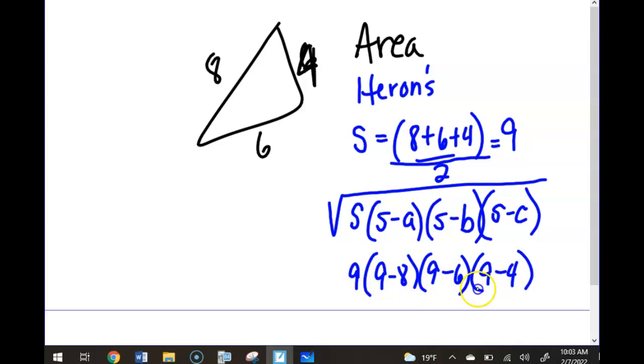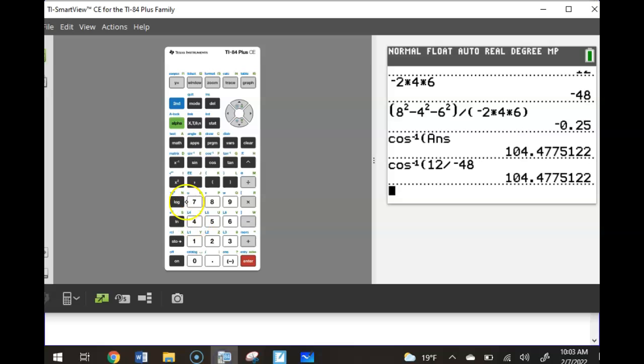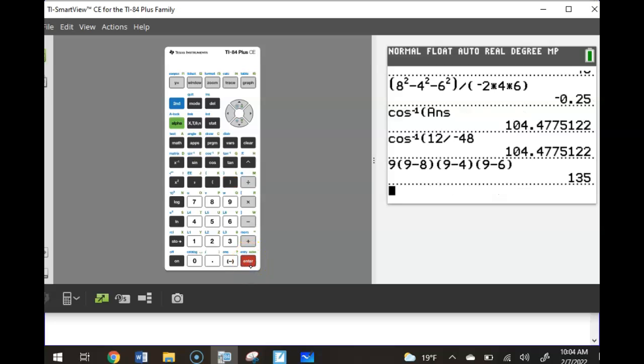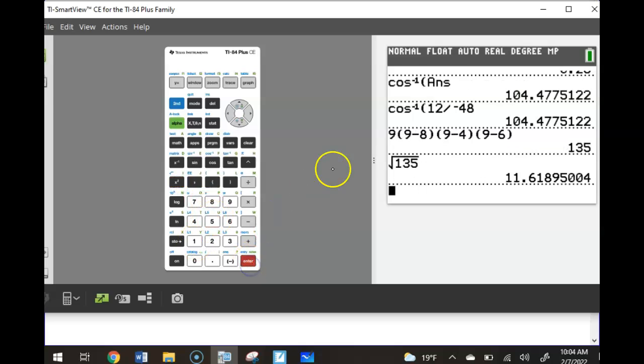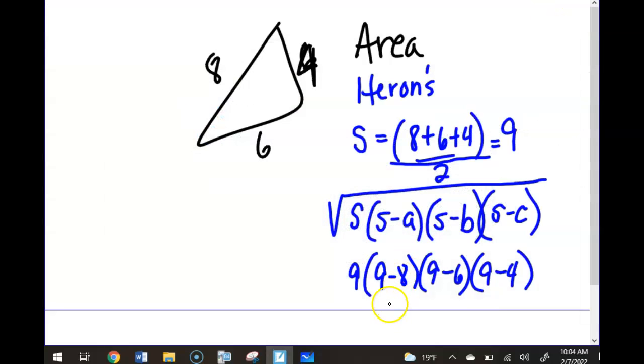I should do that in my head, but I'm going to do it on my calculator just because a lot of times it's not a nice number that you're typing in. Okay, anybody else get 135 before they square rooted? Okay, so then the square root of 135 is 11.6.